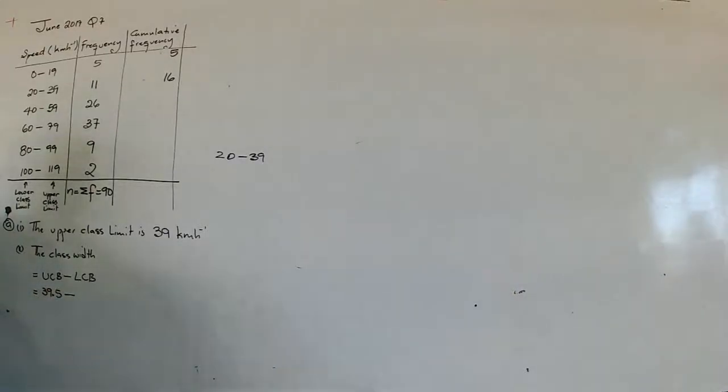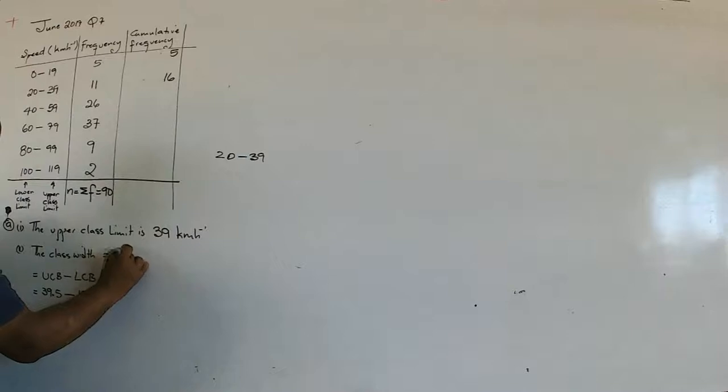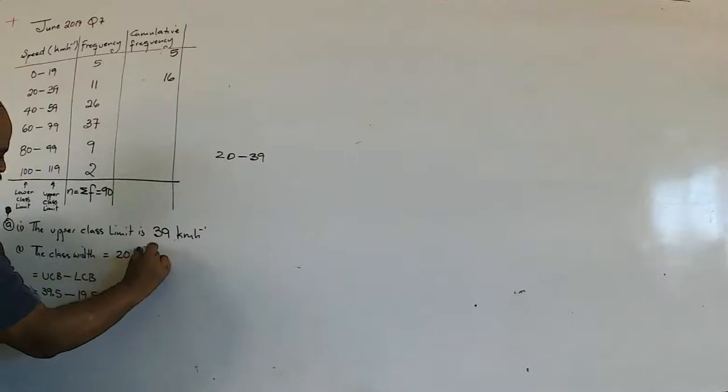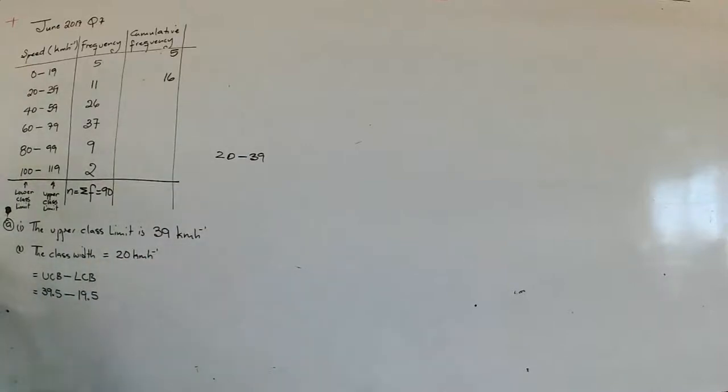What is the lower class boundary? 19.5. The class width is equal to 20 kilometers per hour. To get the upper class boundary, you add 0.5 to the upper limit. To get the lower class boundary, you take away 0.5 from the lower limit.